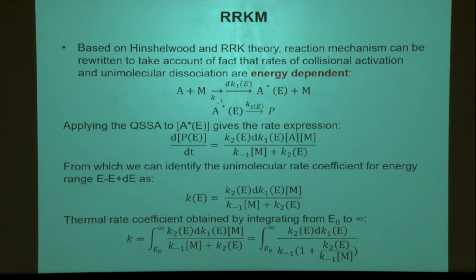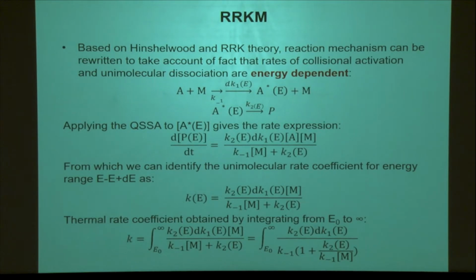Again, I don't know if I want to go through all this detail, but the basic thing to take from this is that now everything is related to an energy level. So the reaction mechanism can be rewritten to take account of the fact that the rates of collisional activation are energy dependent. Instead of having an average over the Boltzmann distribution, we've got specific energy level values for our rate constants.